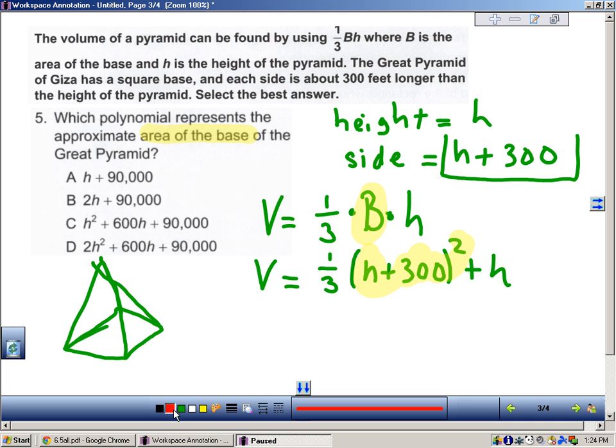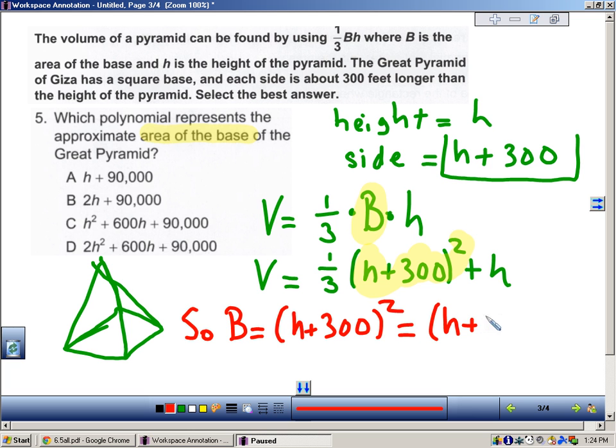Capital B, the area of the base, is this expression, and when you square it, I see it.